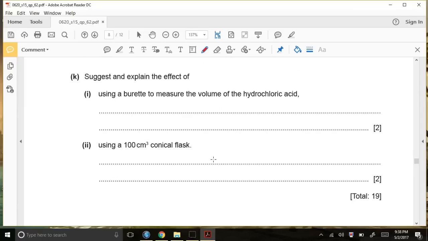Okay, the part K, towards the end of the question, says what will be the effect if you use a burette to measure the hydrochloric acid? Well, a burette is much more accurate compared to measuring cylinders, so you expect your results to be much better. So the measurements will be much better.